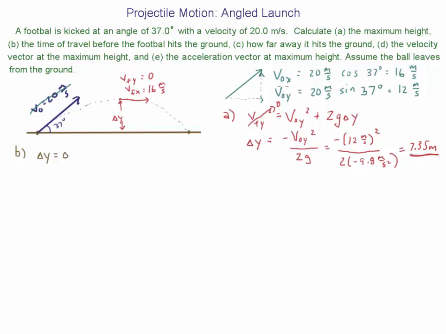Coupling that with the initial y velocity that we already have, and g, we can find t using the equation that looks like this.